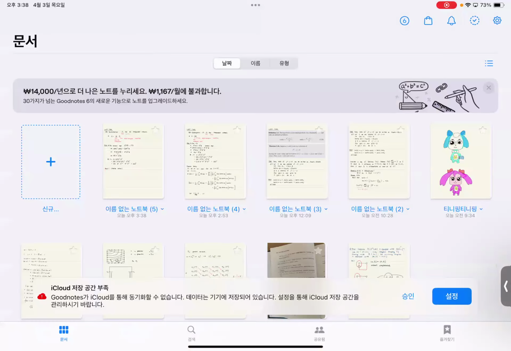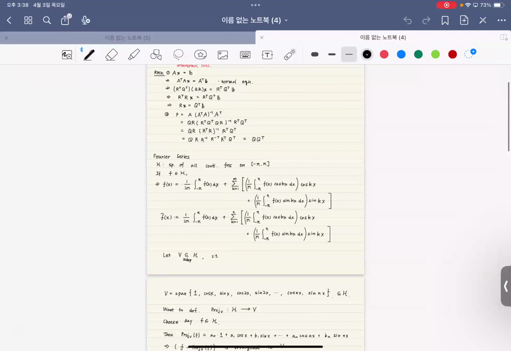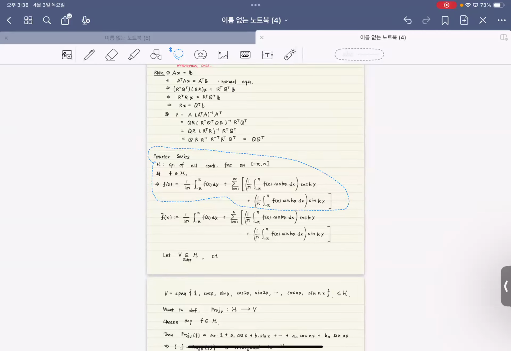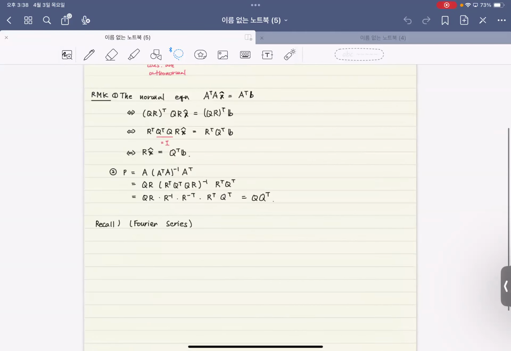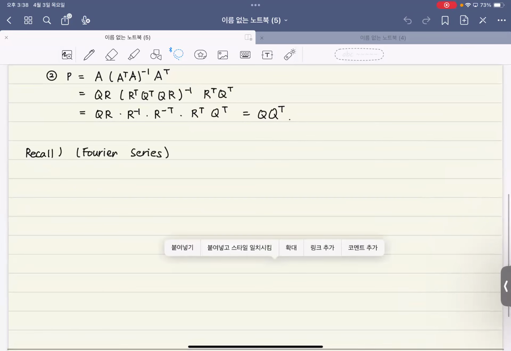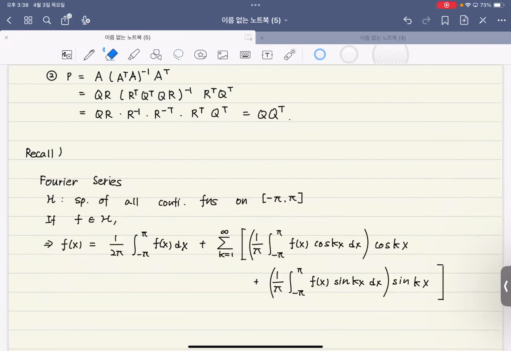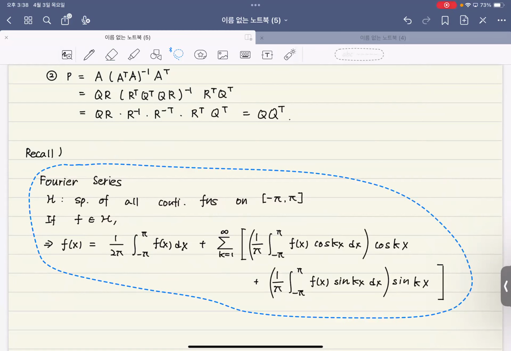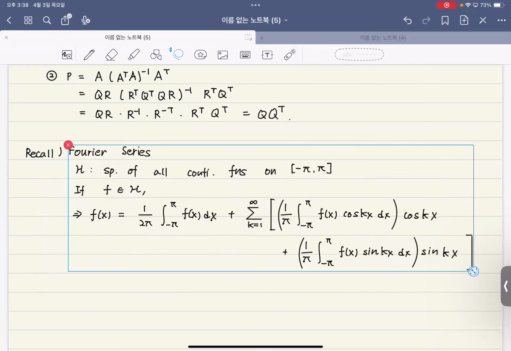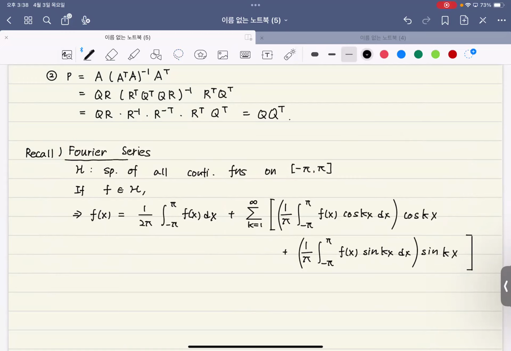So this is a Fourier series. H means the space of all continuous functions from -pi to +pi, and for any f, we were able to write it as a linear combination of functions.